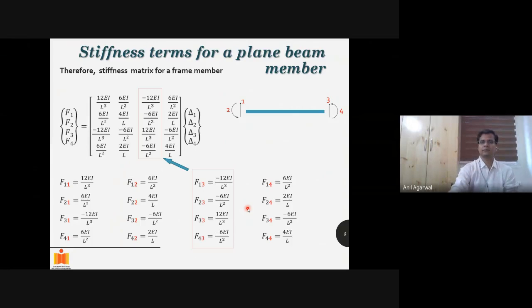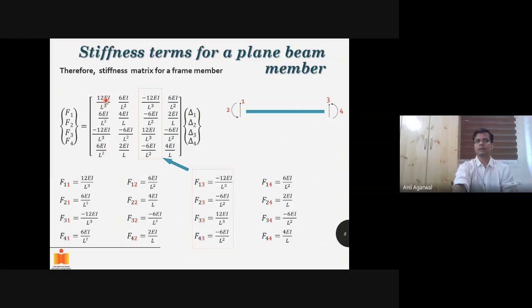What it means is that if this is your beam, and 1, 2, 3 and 4 are the 4 degrees of freedom, for a unit displacement in 1, I can get all 4 forces, F1, F2, F3, F4, by putting this kind of a stiffness matrix, wherein these are the terms corresponding to delta 1 equal to 1.